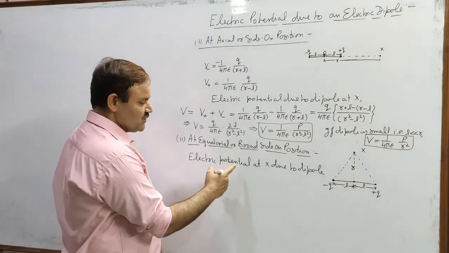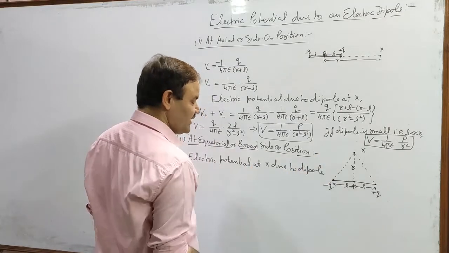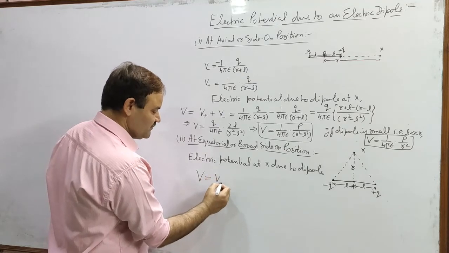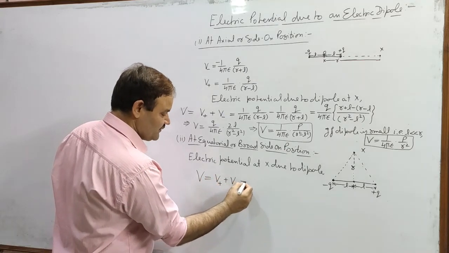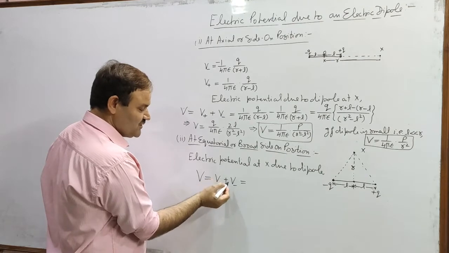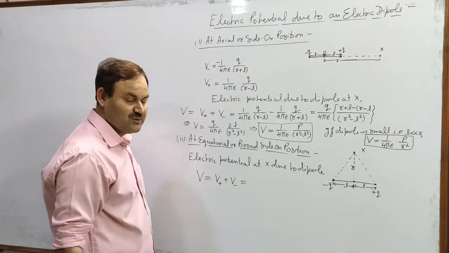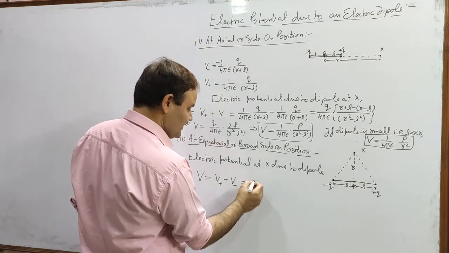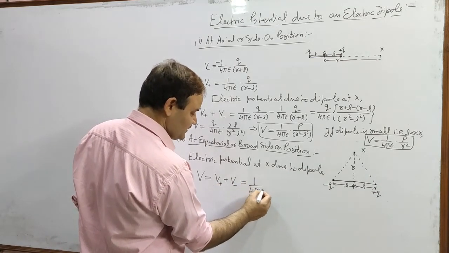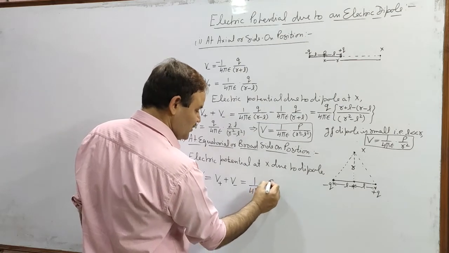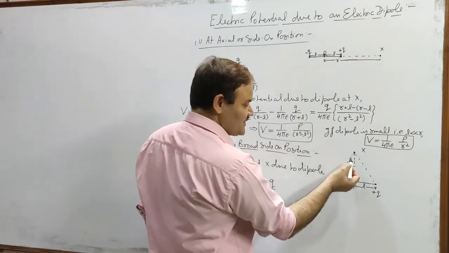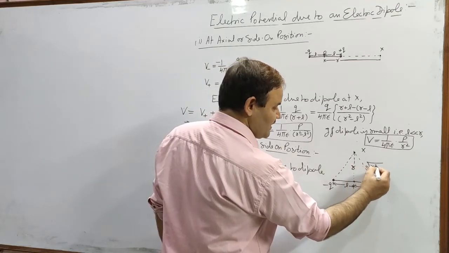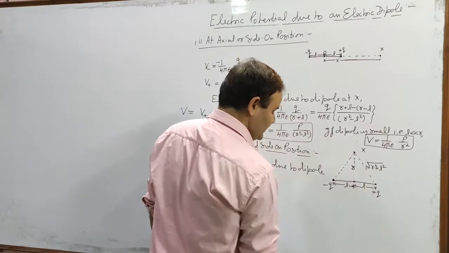That is, electric potential at X due to the dipole, V, will be V positive plus V negative, that is potential due to the positive charge plus potential due to the negative charge. But potential due to the negative charge will be negative, so we will get 1 over 4 pi epsilon q upon, this time the distance of X from these charges will be under root r square plus l square.